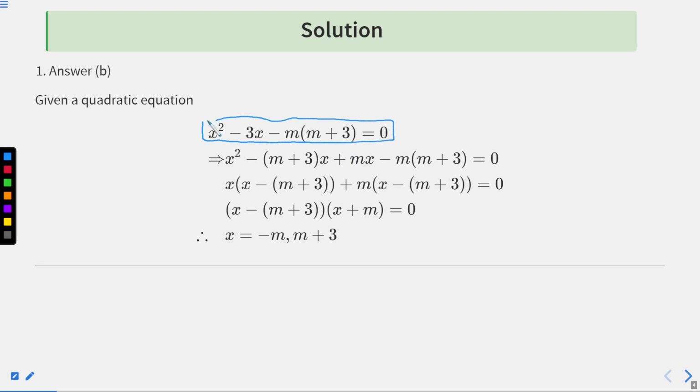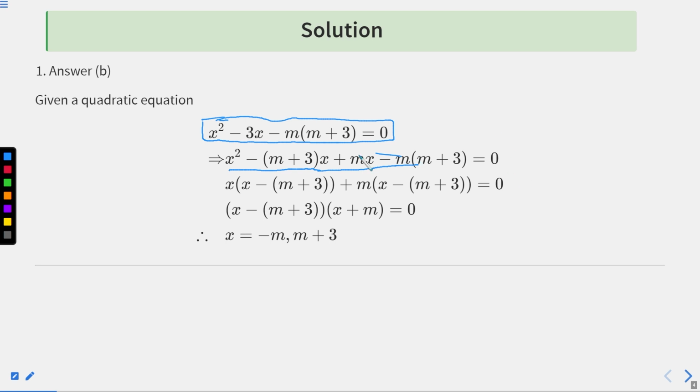This is our quadratic equation, and we have to find its roots. Here we will split the middle term minus 3x as minus (m plus 3) times x plus m times x. If we split it this way, we get x square minus (m plus 3)x plus mx minus m times (m plus 3) is equal to 0.